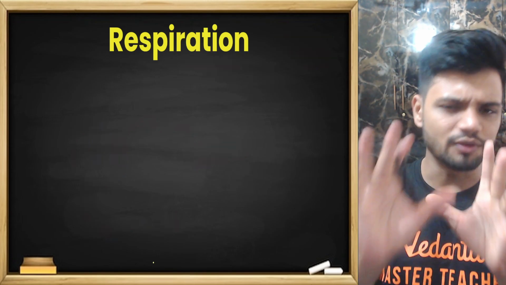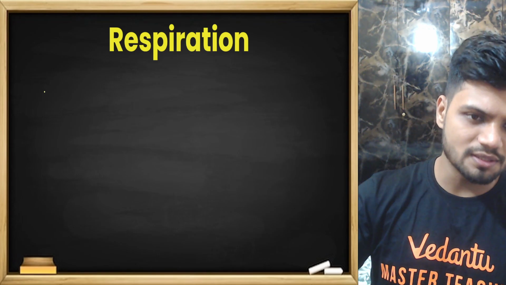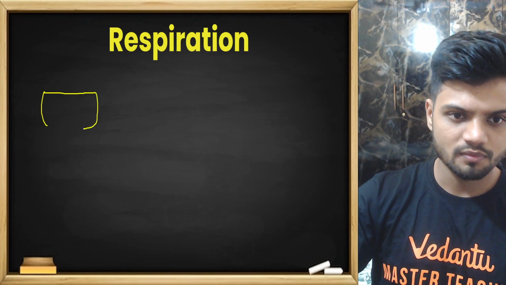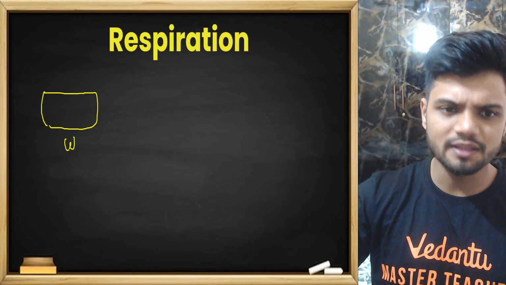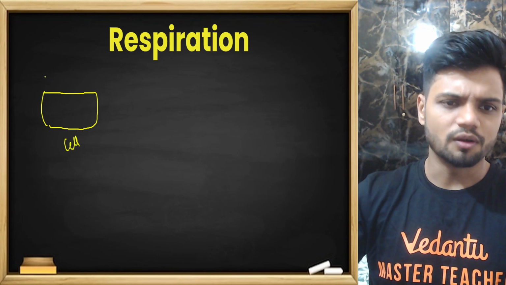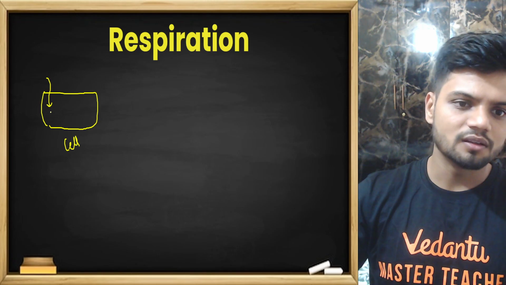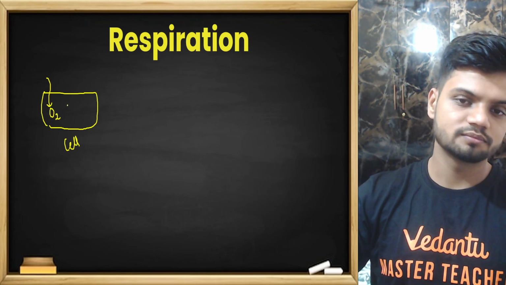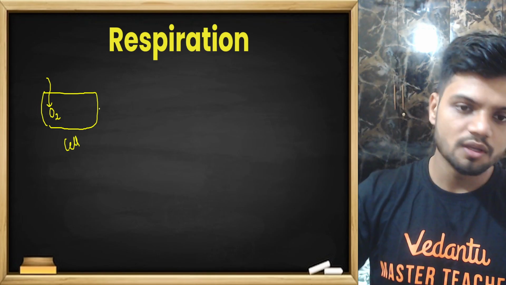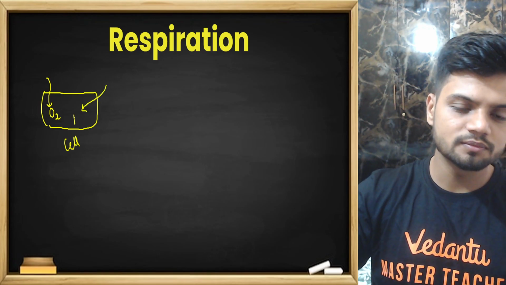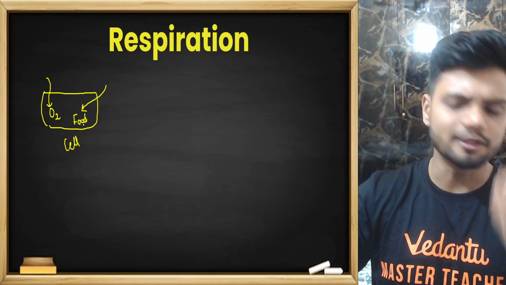Let me tell you one more time. Listen very carefully. For example, this is your human cell. Or in the case of a plant, this is a cell. In this cell, oxygen is entering. The food is also entering the cell. You're eating food.